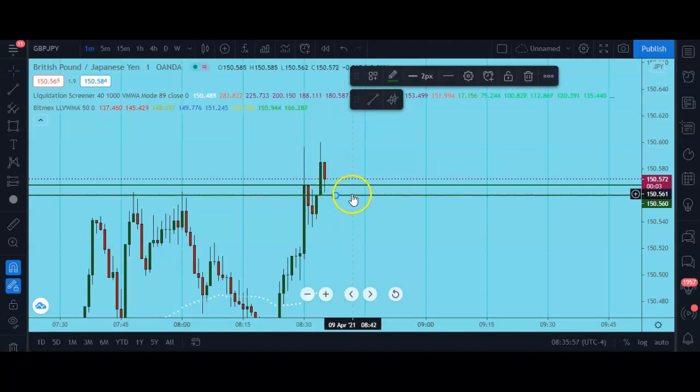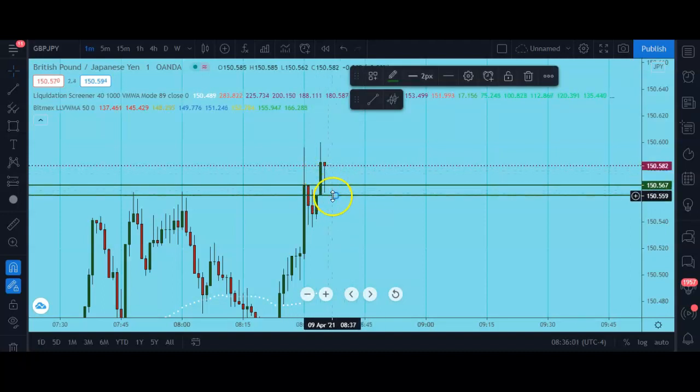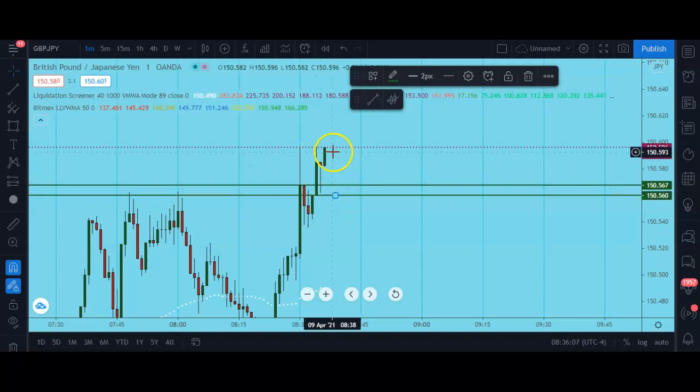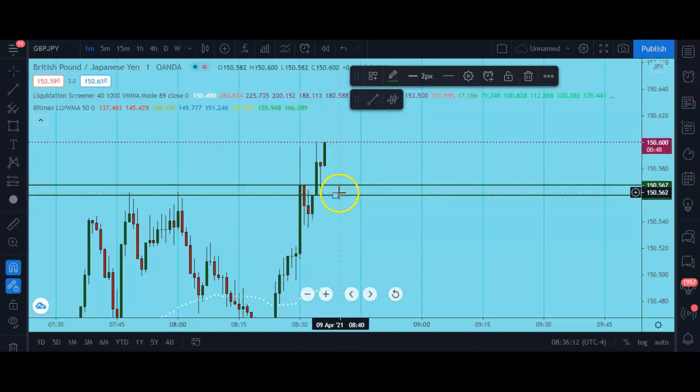Price could just close above this line right here, but it's already in the money. Yeah. This candle closed above this line, so price should close above here, definitely above here.